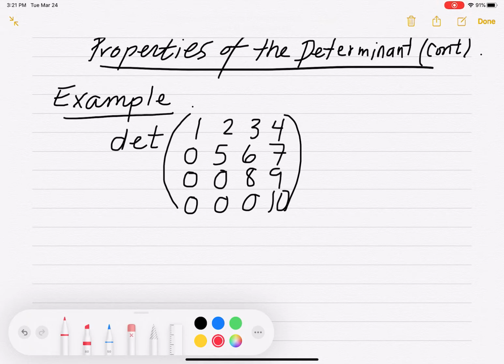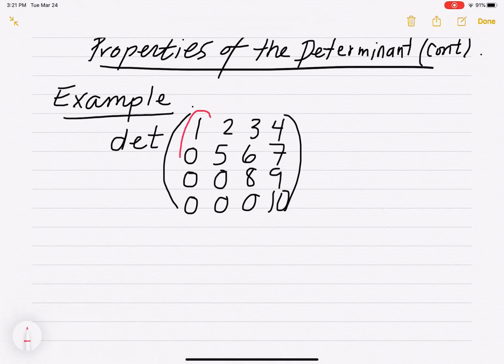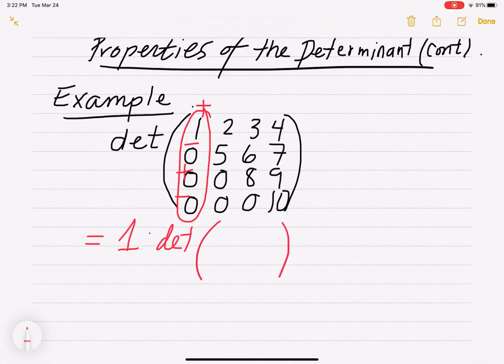You want to expand across the first column because there are a bunch of zeros in that column, right? 3 zeros. Let's do our signs, plus, minus, alternating. I'm going to start with the first entry of 1. And I'm going to cover up the first row and the first column and take the determinant of the submatrix that results.